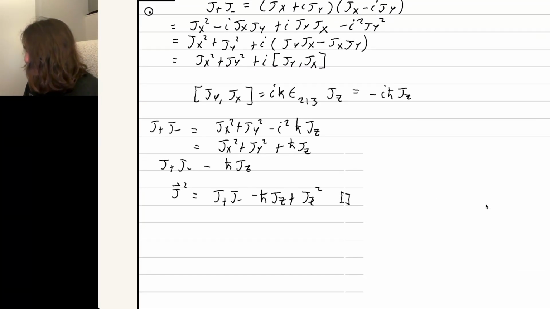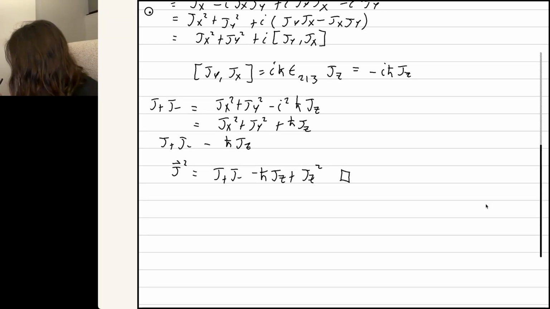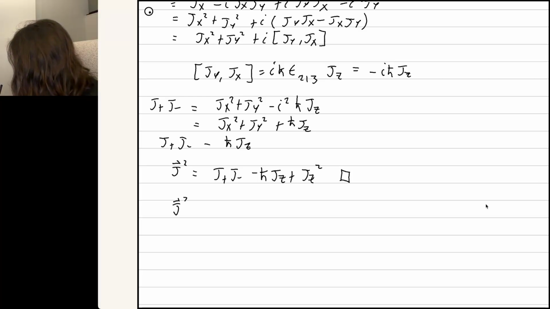Next bit is to find what C minus is. So how are we going to do that? We're just going to first move everything that isn't j plus j minus to the left-hand side. So the total angular momentum squared minus jz squared plus h bar jz is equal to j plus j minus.